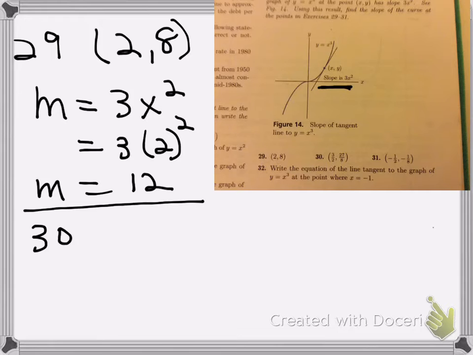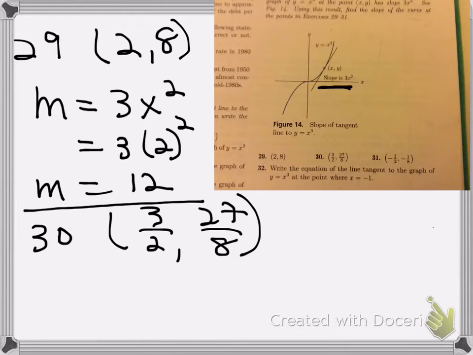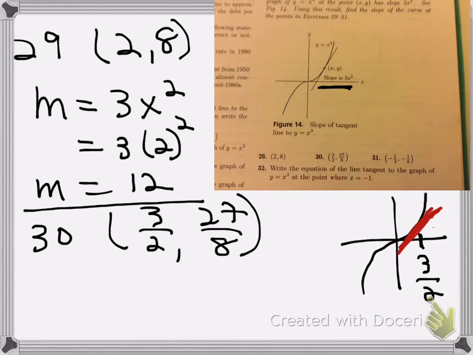So let's do 30. In this situation, the point is a fraction, 3/2, 27/8. To find the slope at that point, let's just draw this so we see where we are. We're positive, at 3/2, which is right there. What I'm looking for is the slope of the line drawn tangent right there.